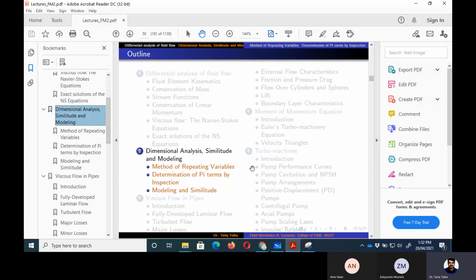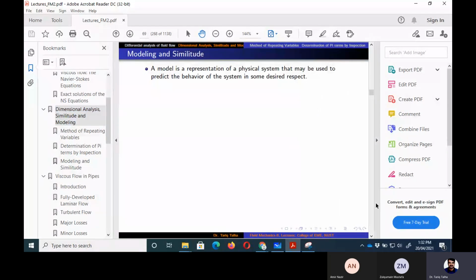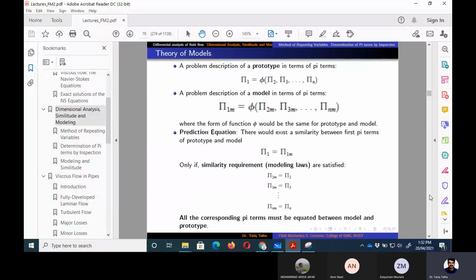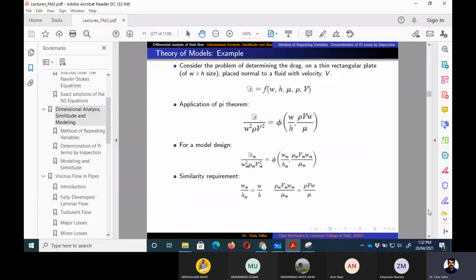The major essence of that was that each pi term of the actual system should be equal to the corresponding pi term for the model. Only then can the results obtained for the model be translated back to the actual system.